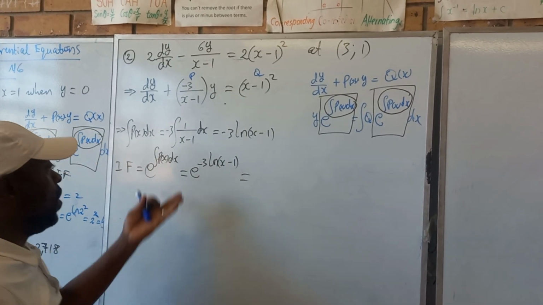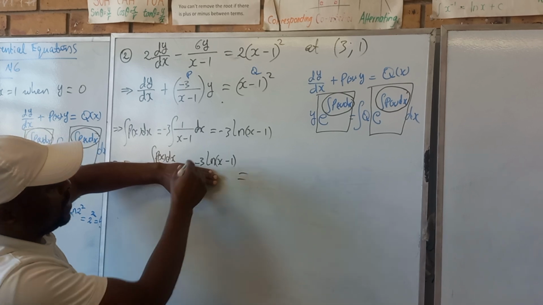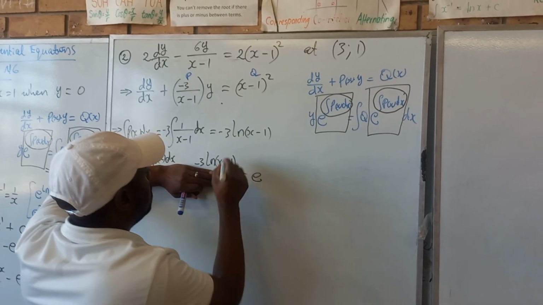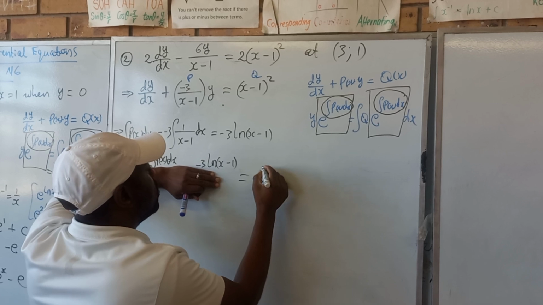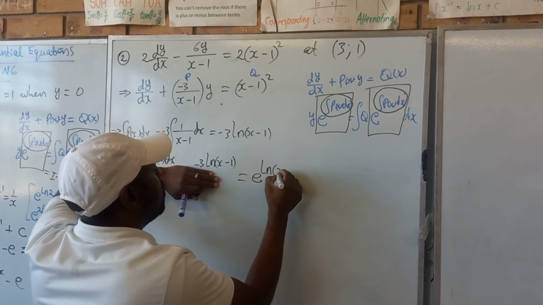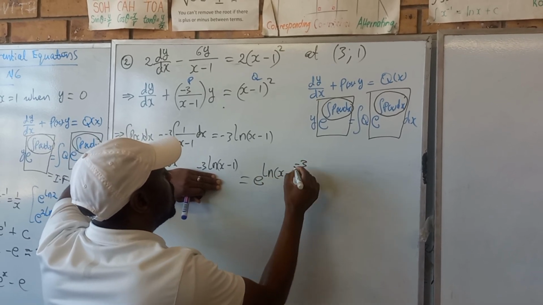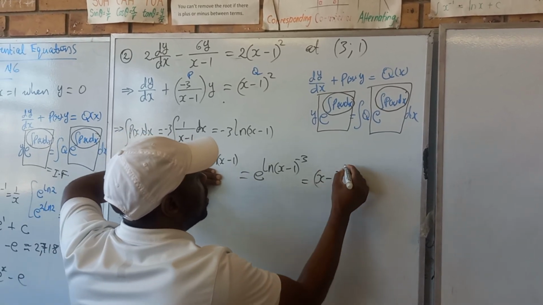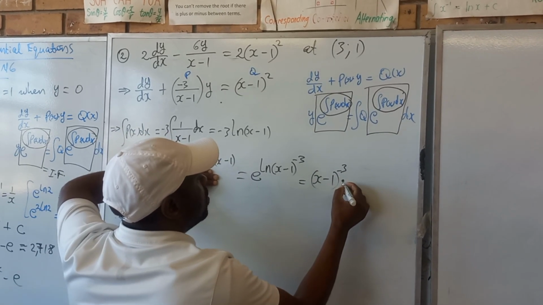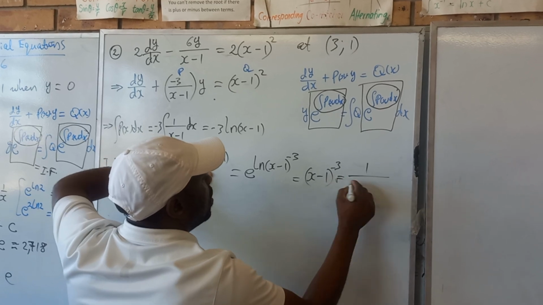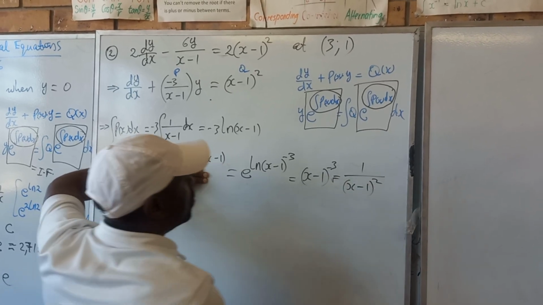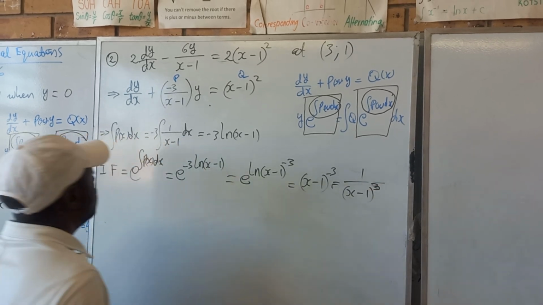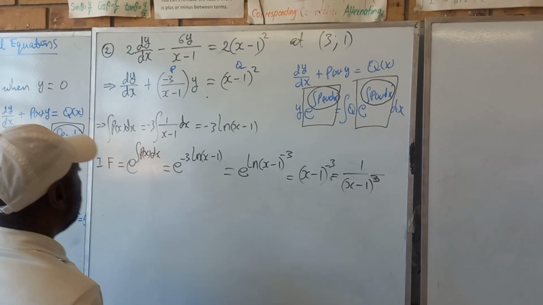So we need to apply the law of exponential and logarithm there to take the negative 3 to x minus 1, so it becomes e to the power the ln of x minus 1 to the power negative 3, and that becomes x minus 1 to the power negative 3, which is the same thing as 1 over x minus 1 cubed, sorry, to the power 3. So we are done with our IF.